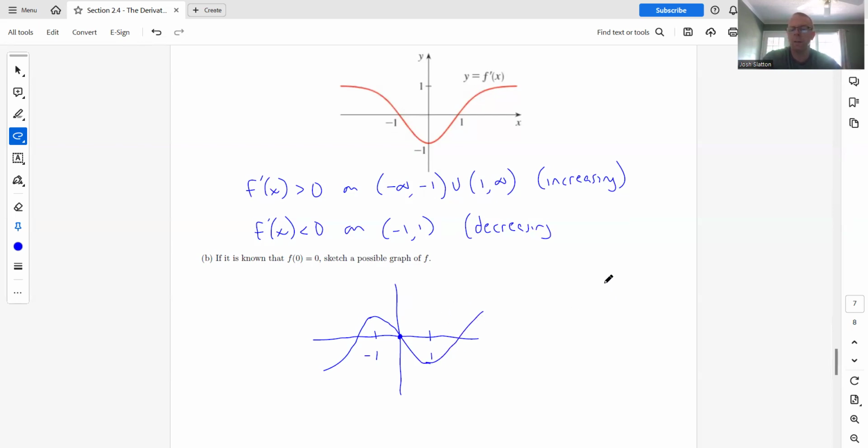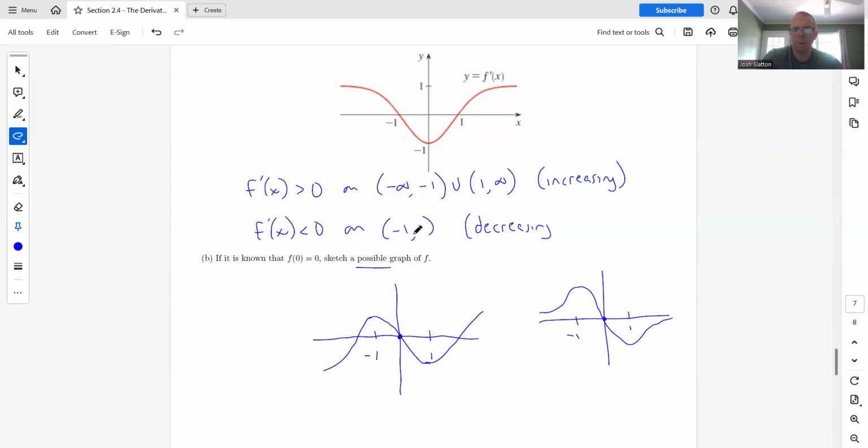Now, just to give you an example, we could draw another one. It's increasing like this, so we could have something like this. This would still work. Put 1 there, put -1 there, goes through the origin. That would also work as a possible graph. The reason it says possible graph is because there are many ways that we could have a function increasing on these intervals and decreasing on that interval.